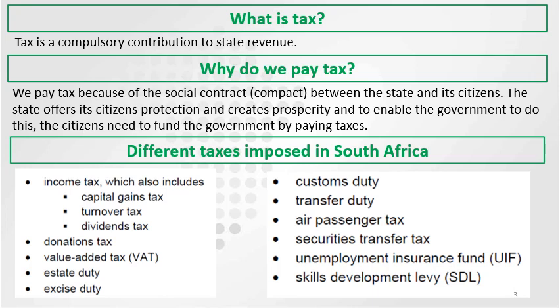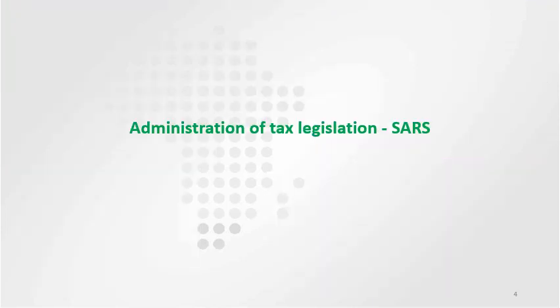Then there's also turnover tax that forms part of income tax, as well as dividends tax. And then the very well-known one, what we all deal with on a day-to-day basis, is value-added tax. And then there are all these other numerous taxes that are effective in South Africa.